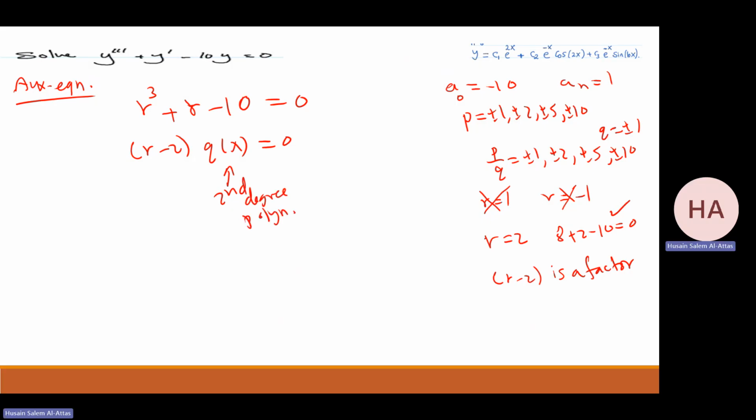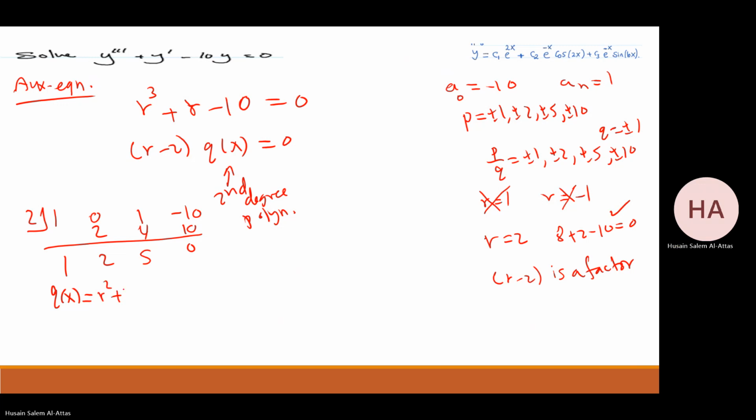How to get it? We'll do synthetic division. That will be 1, 0, 1, minus 10 over 2. That gives me 1, 2, 5, 10, 0. So q of r will be r squared plus 2r plus 5.